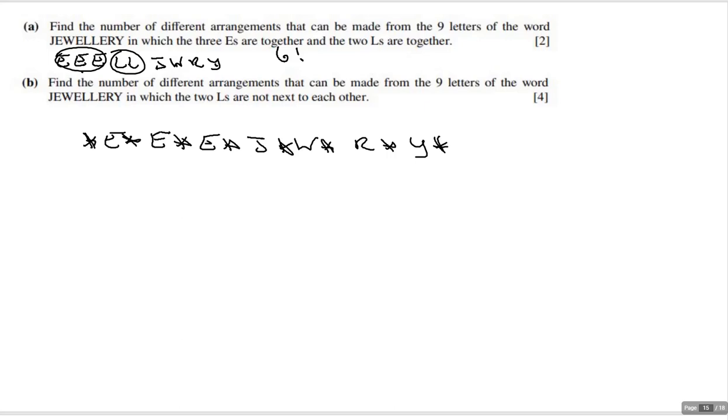So how can I arrange the non-L's, Alexa? You could arrange them in 7 factorial over 3 factorial. Exactly. Now, how do I put in the L's, where they go?